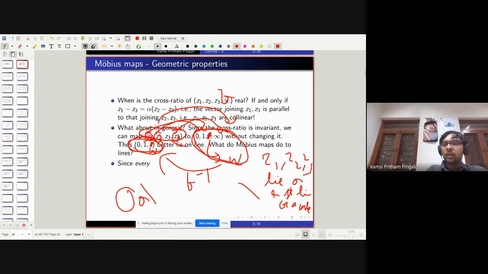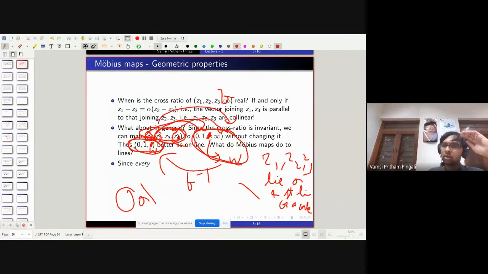And the same is true with any permutation. If you take Z2, Z3, Z4, you could have applied the same argument, and so on and so forth.